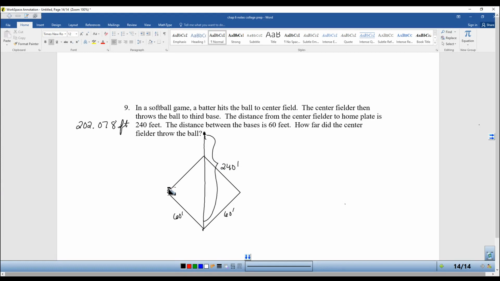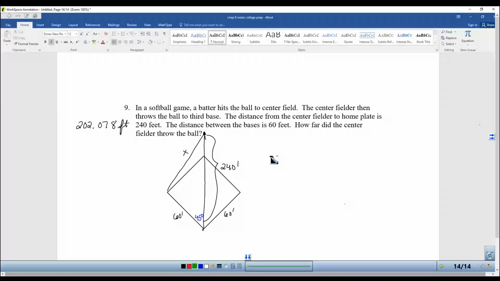And they want to know how far he threw the ball. So X. Like last time, the key to this problem, even though it's not stated, is that since this is a baseball diamond, if he's directly in line, then this would be a 45-degree angle.